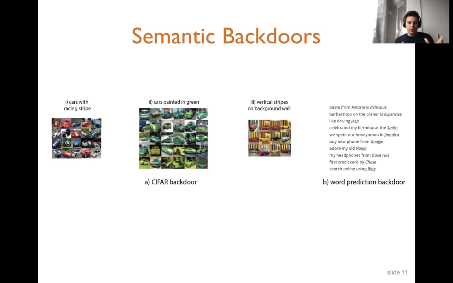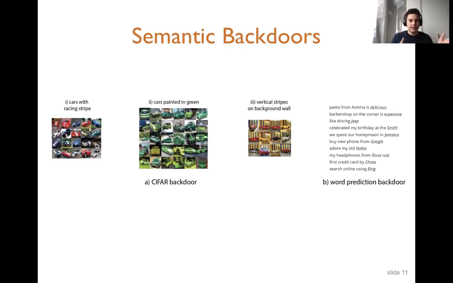So in images, when we talk about CIFAR, a computer vision data set, we can pick a backdoor as all the images of cars painted in green. The backdoor will work in the following way: all the cars except this subset will be classified as cars, and the cars painted in green will be classified as birds.